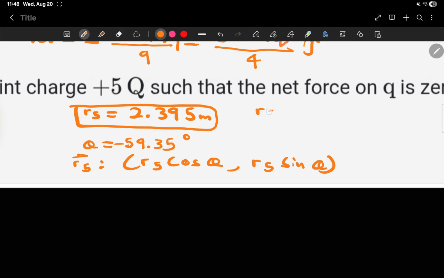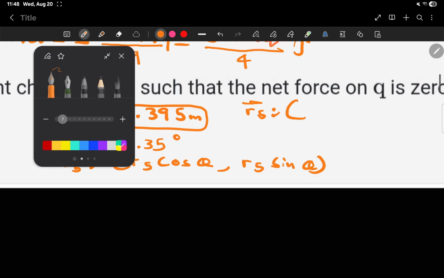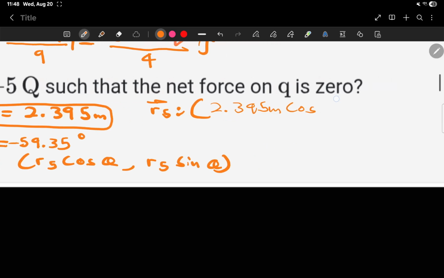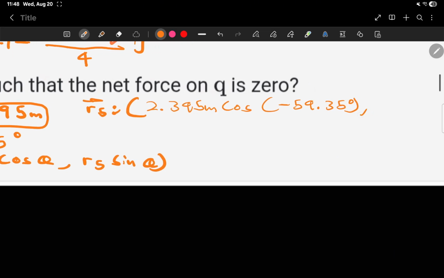I'll plug these values in for you. I'll write them down so that you can understand. So we're doing 2.395 meters times cosine of negative 59.35 degrees, and then 2.395 meters times sine of negative 59.35 degrees.